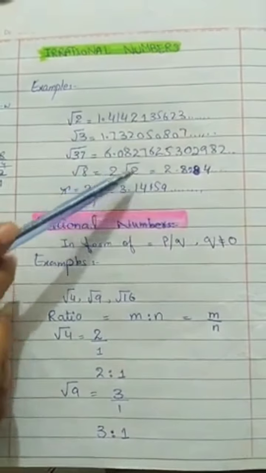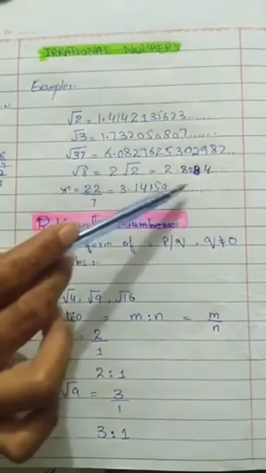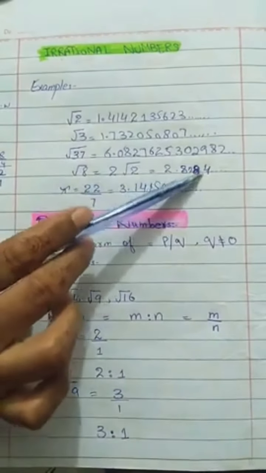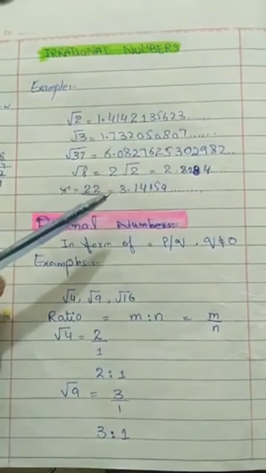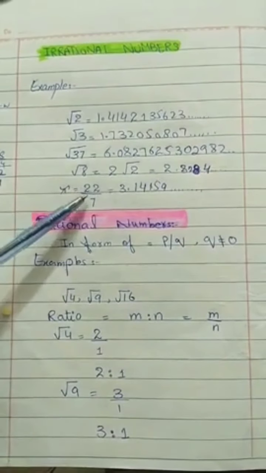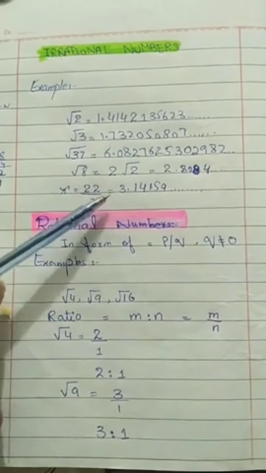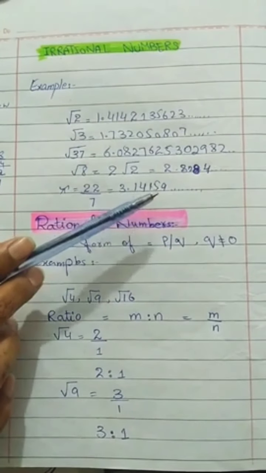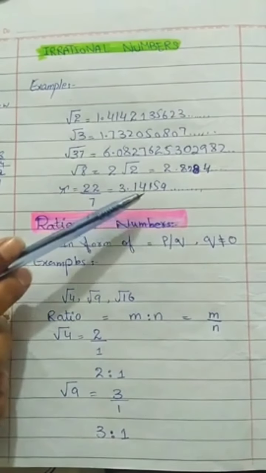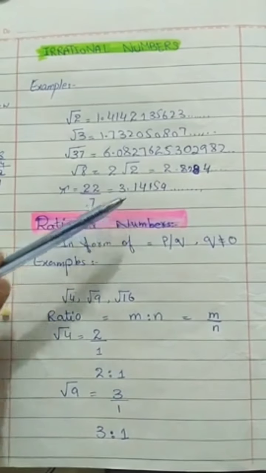We take under root 2 and multiply it by 2. The value is 2.828 and so on. It is also an infinite value and not written in the form p by q. Pi is approximately 22 by 7. 22 by 7 is 3.14 and so on. This is an infinite value and not written in the form p by q.